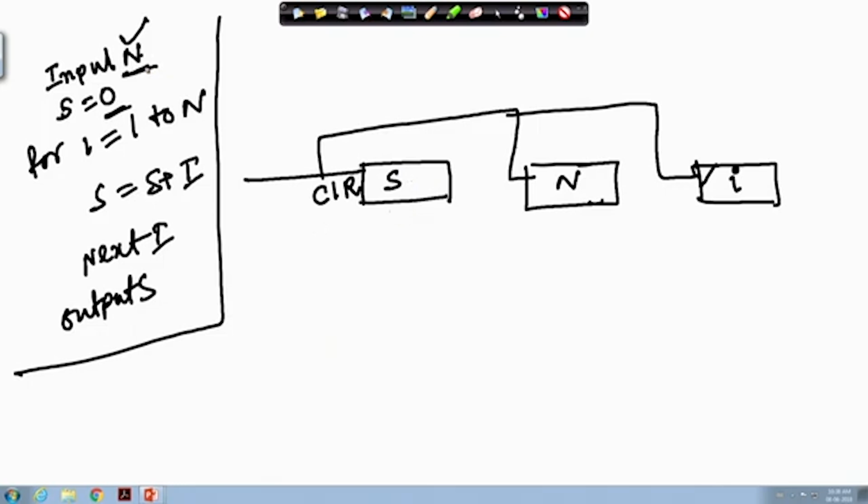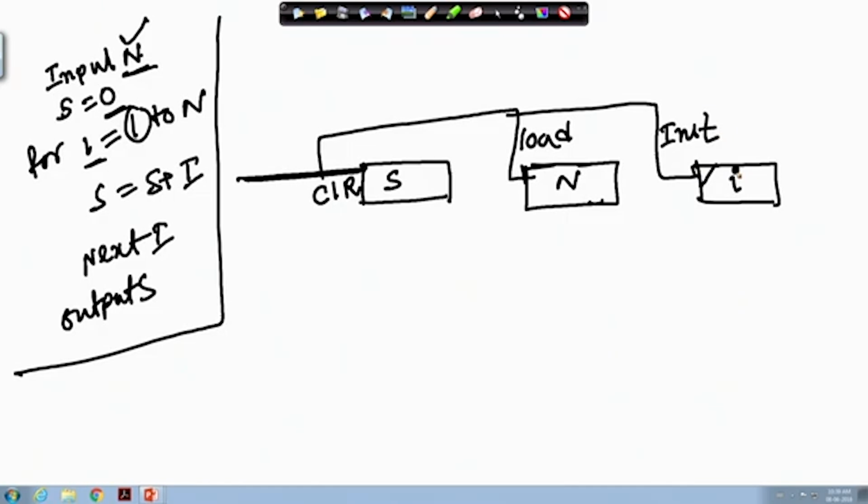For n, what I require is load. That means initially I need to load the value of n into this register, and for I, whenever this starts, it has to start with 1. So this will initialize the counter with the value 1.